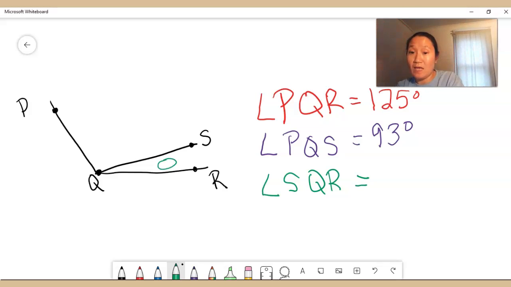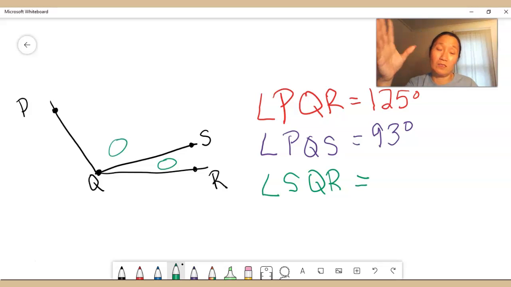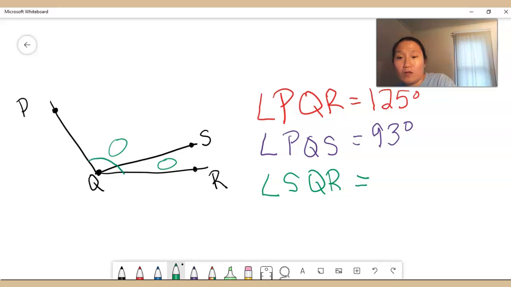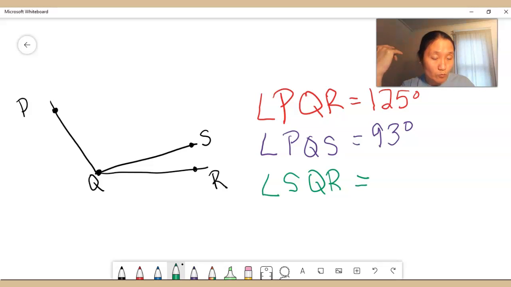This angle right here plus this angle right here have to equal 125. You can know that. And you know that this angle right here equals 93. So then, how much more do you need from 93 to get to 125? Well, you can either add up or you can subtract.